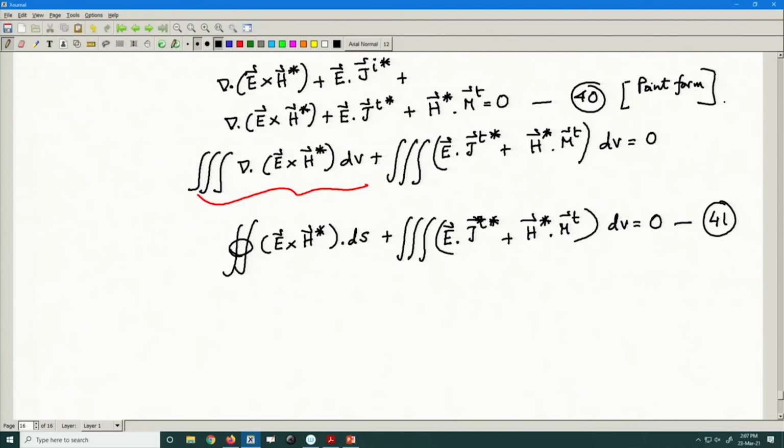We call 40 and 41 expressions for conservation of complex power for a point and for a region.